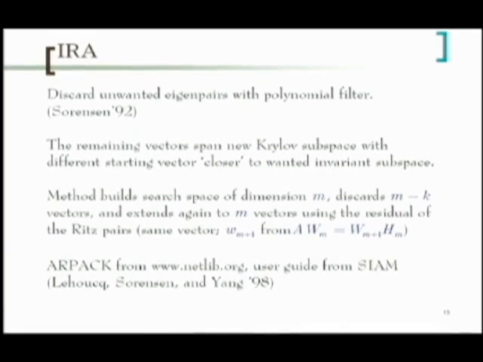You can also, rather than discard them, just dampen them very strongly, and that has some advantage in some cases. So the remaining vectors span a new Krylov space with a different starting vector, and that starting vector is just a polynomial applied to the original vector in such a way that it has large components in the spectrum that you want and small components in the part that you don't want, right?